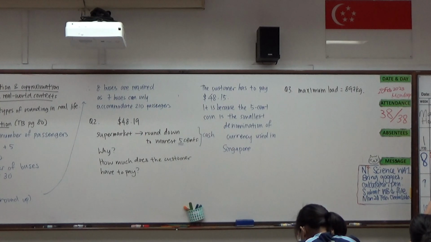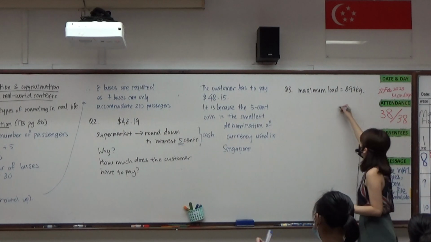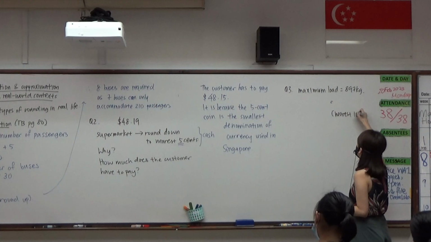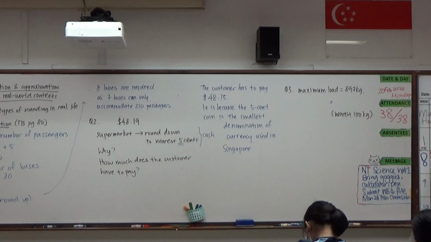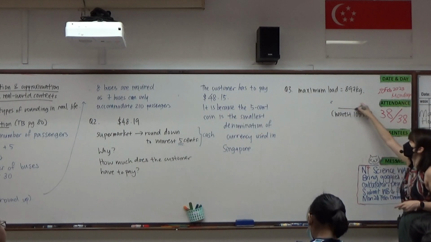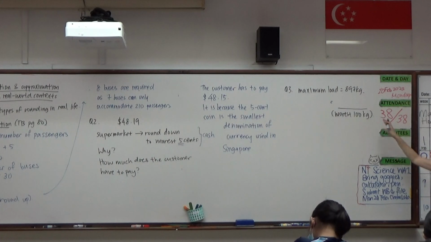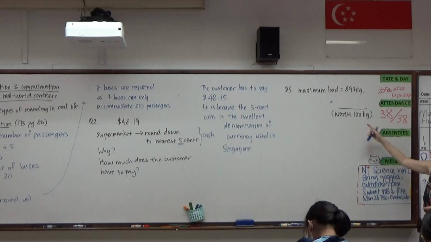You're told to indicate the maximum load correct to the nearest 100 kg. So they want you to correct this to the nearest 100 kg. So what will your choice be over here, when it comes to labeling on the elevator itself? What is it that you would choose?